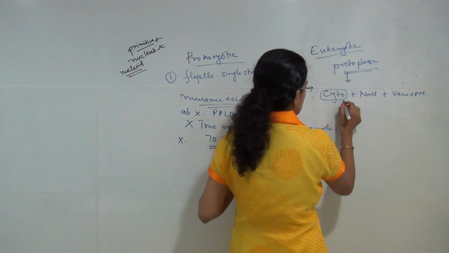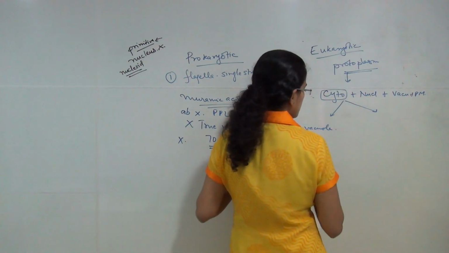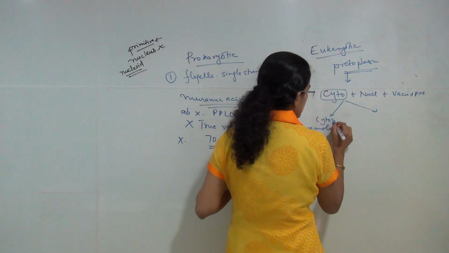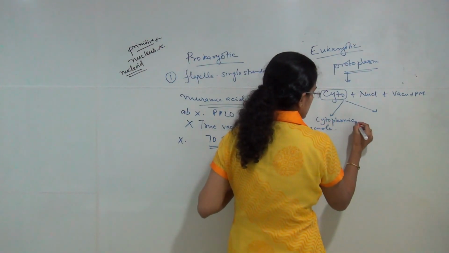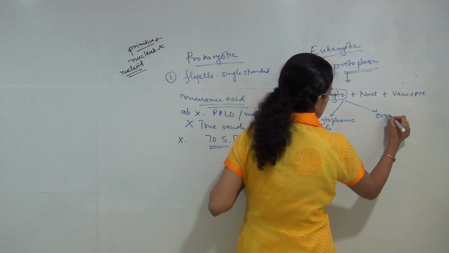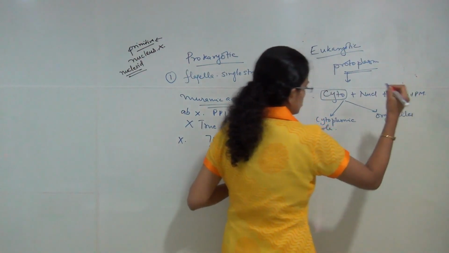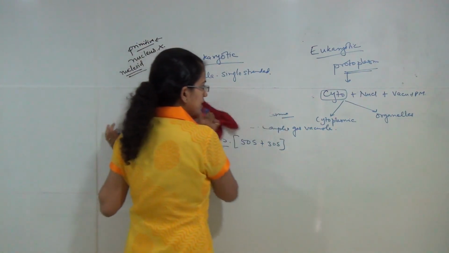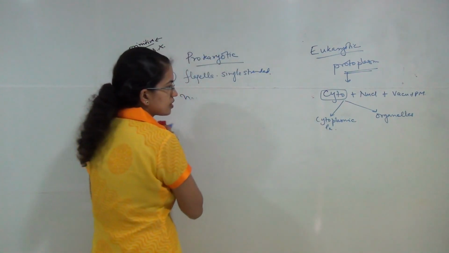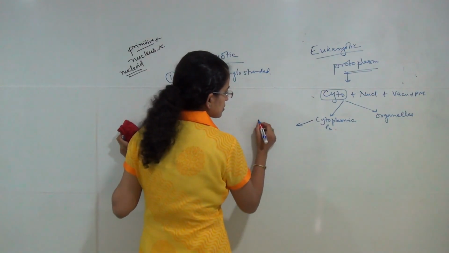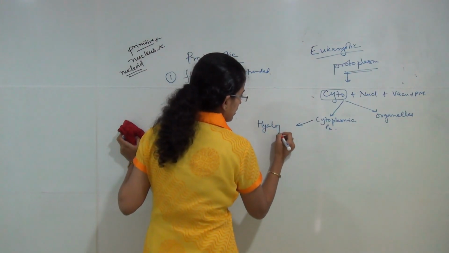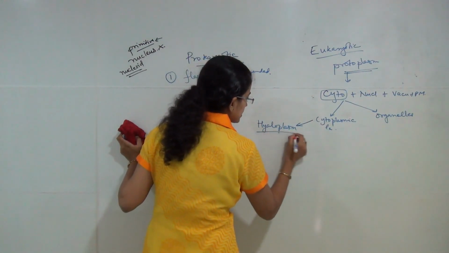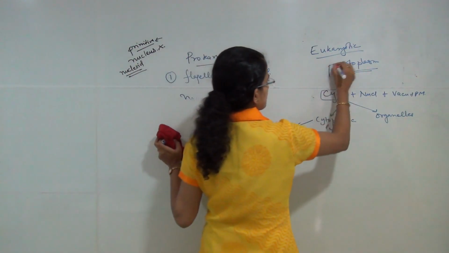Now this cytoplasm is further differentiated under two heads, the cytoplasmic matrix and the organelles. This cytoplasmic matrix is also known as haloplasm. Now note, there is a difference between haloplasm and protoplasm.